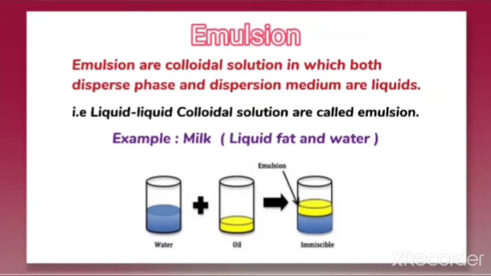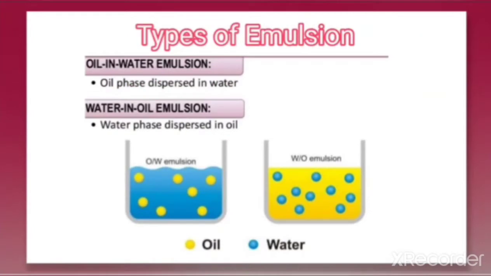So, if a mixture of two immiscible or partially miscible liquids is shaken, a coarse dispersion of one liquid into another is obtained, which is called an emulsion. Generally, these are of two types: oil in water emulsion and water in oil emulsion.